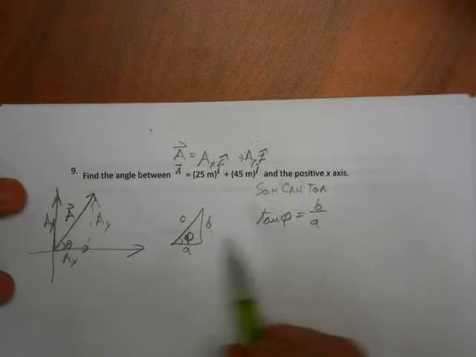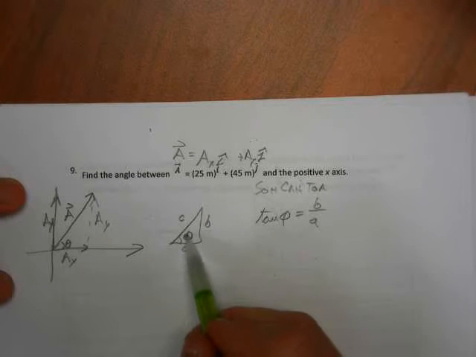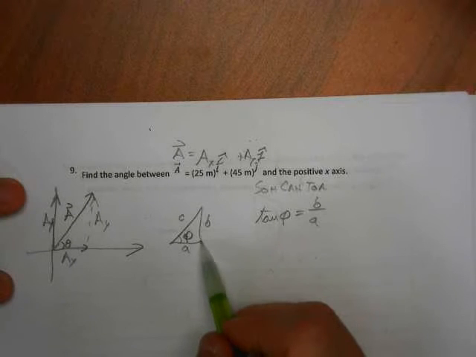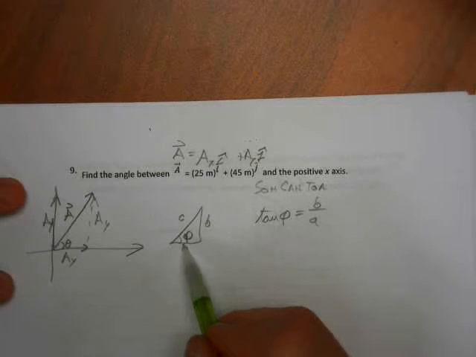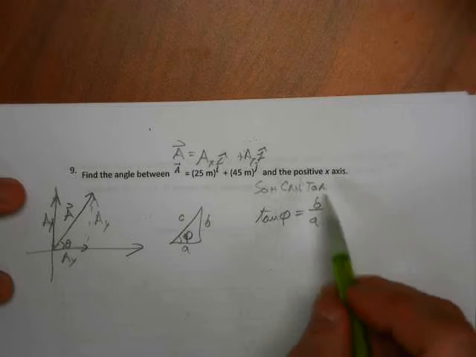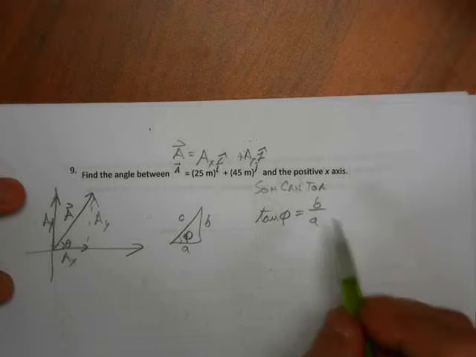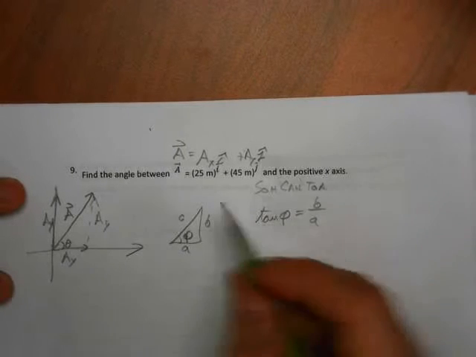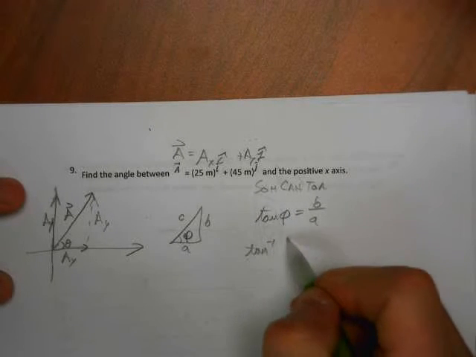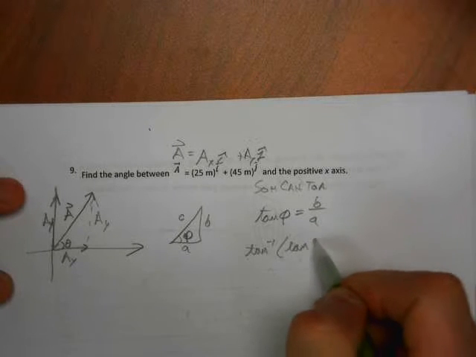All this means is tangent of this angle, which is a unitless quantity, is equal to the ratio of the length of this opposite leg to the length of the adjacent leg. So this is a unitless ratio. And if you wanted to find phi, you would have to do the inverse tangent to each side.